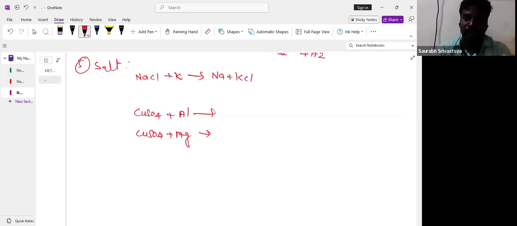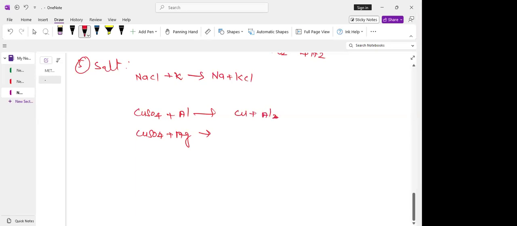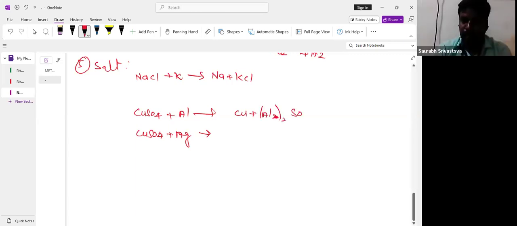The first one is possible. Cu plus Al2(SO4)3. Why did I write Al2(SO4)3? Because of valency. Correct?